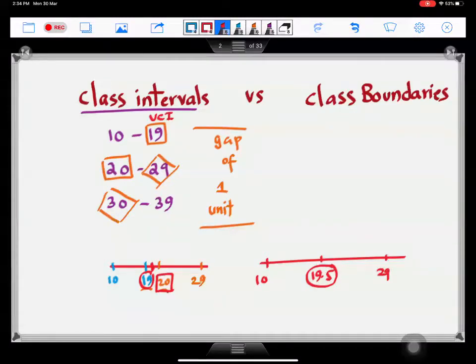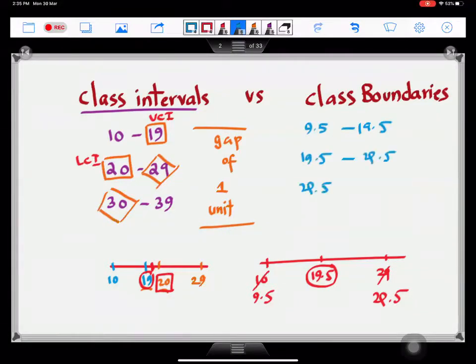The lower class interval moved back 0.5. And this is not just specific for these two numbers, this is specific for all of them. That means 10 would become 9.5, 29 would become 29.5, and so on. Hence, the class boundaries are 9.5 to 19.5, 19.5 to 29.5, 29.5 to 39.5, and so on.